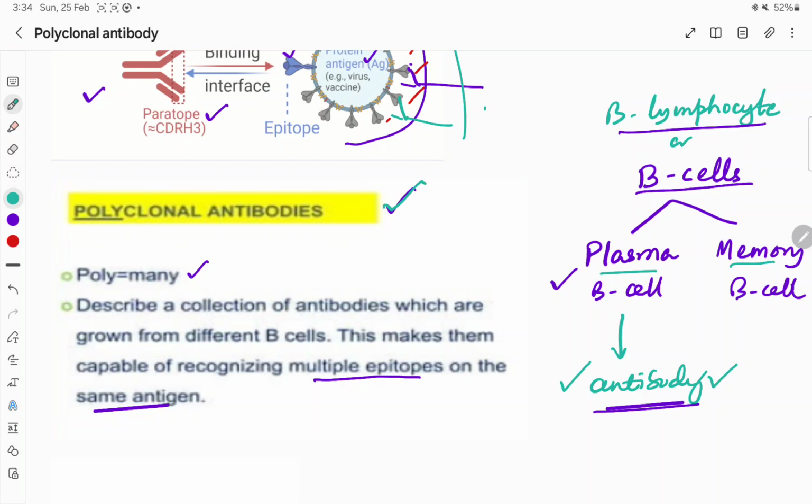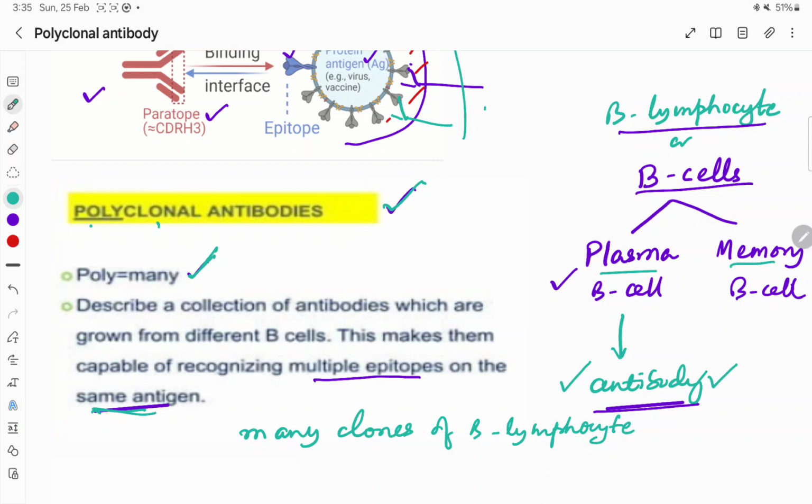Poly means many and clonal means a mixture. Poly means many, so many clones of B lymphocytes, each producing one antibody with affinity to a specific epitope of the same antigen.